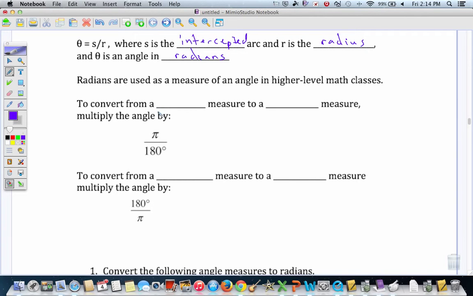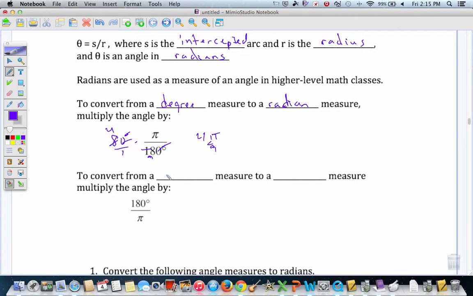To convert from a degree measure to a radian measure, we have what we call a unit multiplier here. That unit multiplier is pi over 180 degrees. So if we had 80 degrees, we'd multiply 80 degrees times pi over 180 and simplify by cross canceling and wind up with 4 pi over 9.